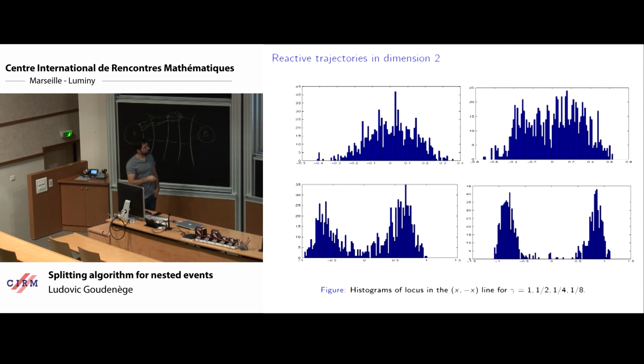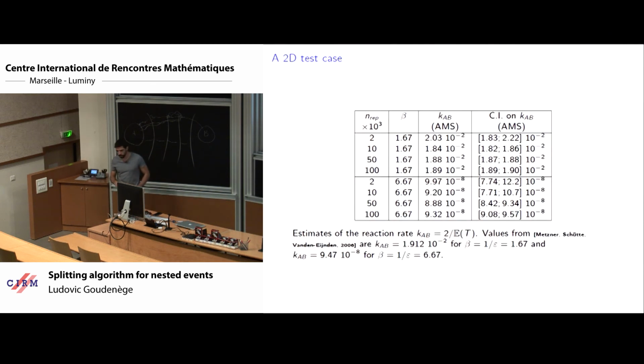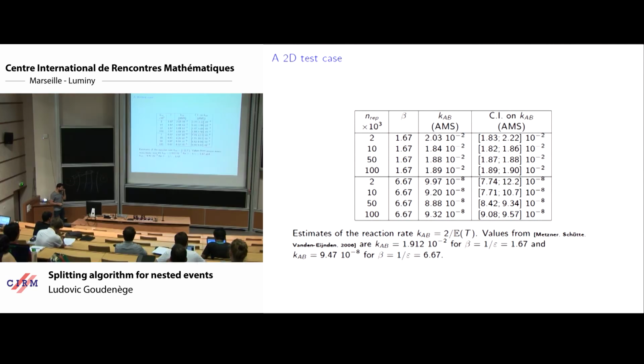More things about the computation. I can compute what I said, that the important quantity is the time that the particles need to go from A to B, because this is related to the energy between two metastable states. So I want to compute the times.